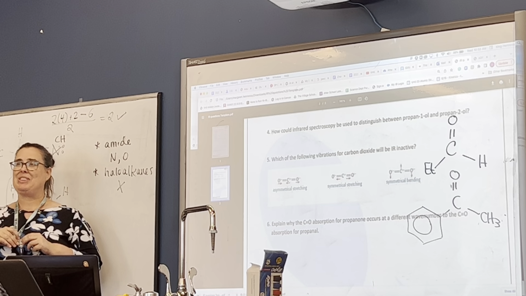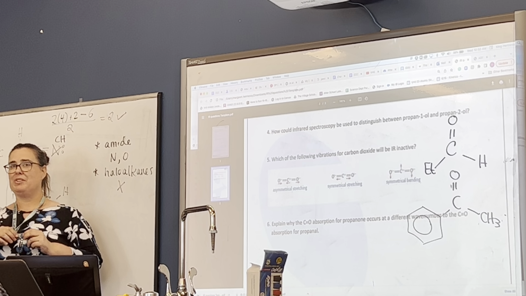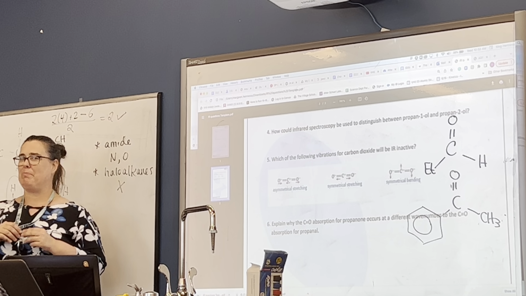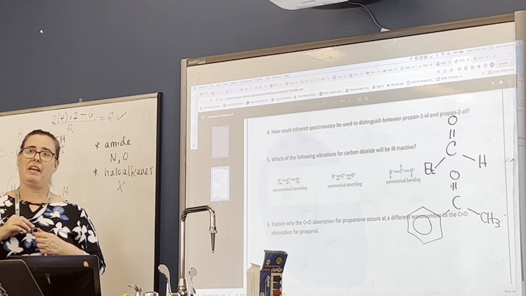We are doing 11.3, which is referred to as the spectroscopic identification of organic molecules.